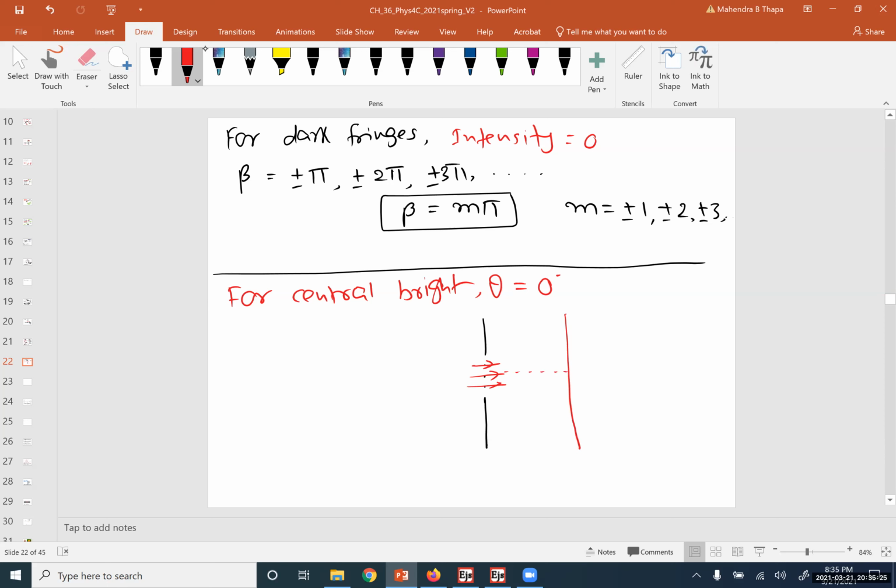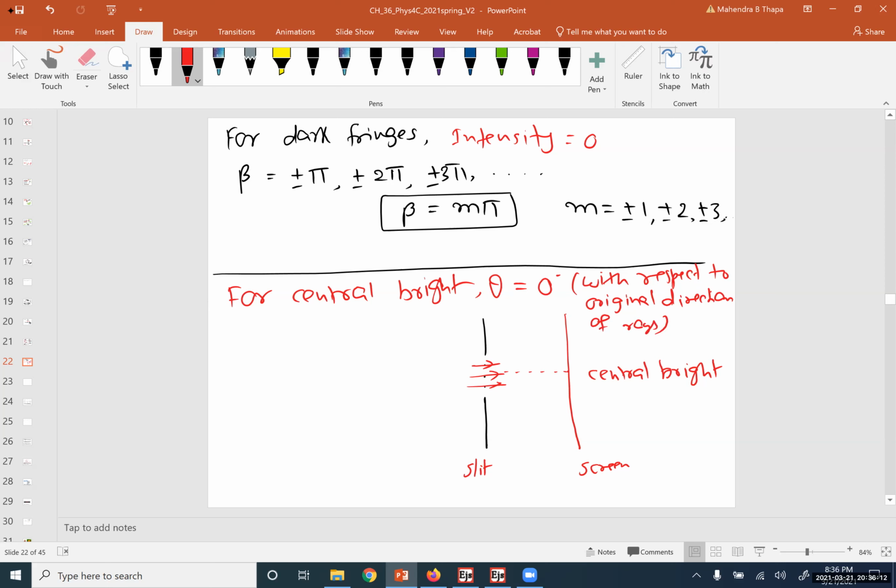This is the slit, and this is the screen, and here we get the central bright. So in that scenario, the angle theta is 0 with respect to the original direction of rays.